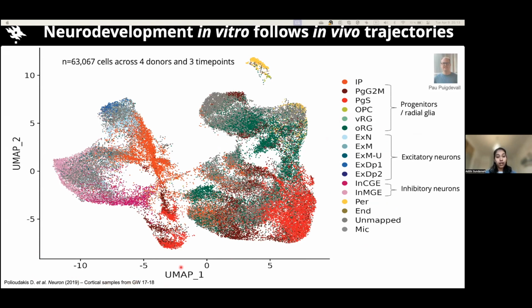And what I'm showing now is a UMAP from the single cell transcriptomics data instead, annotated by these reference-mapped cell types. We don't have to spend a lot of time on this, other than to say that we do capture a lot of the heterogeneity that is seen in vivo: lots of different progenitor cell types, radial glia, intermediate progenitors, and then branching off into both excitatory and inhibitory neurons.